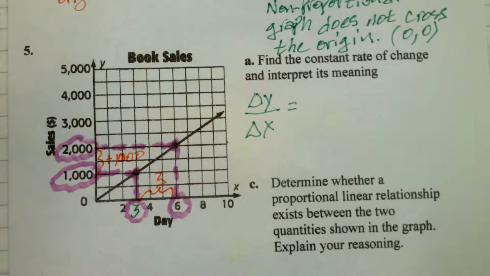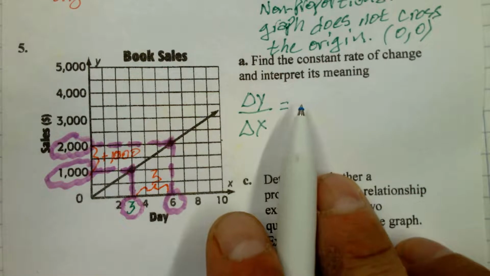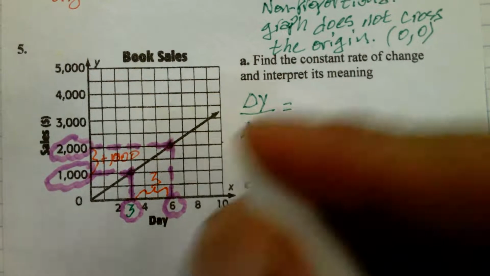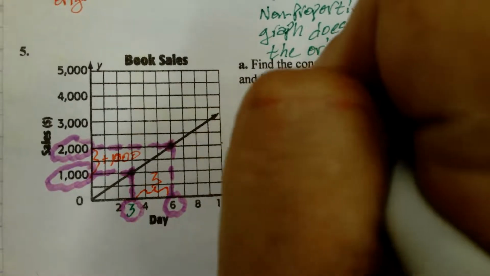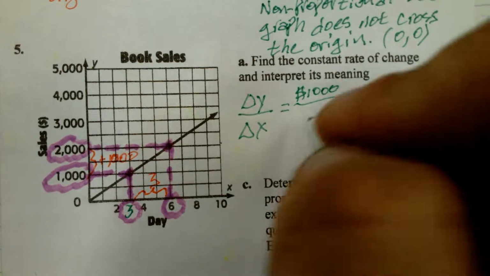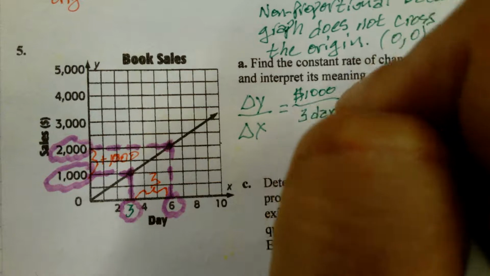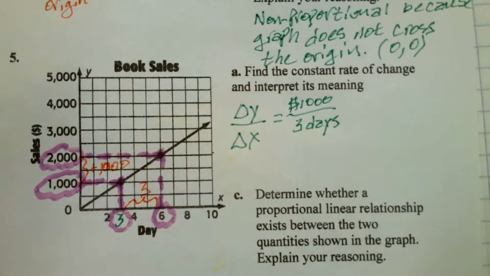Okay, so let's come back to this. What was our change in y? 1,000, and it's $1,000, right? Over how many days? So we have $1,000 every 3 days.